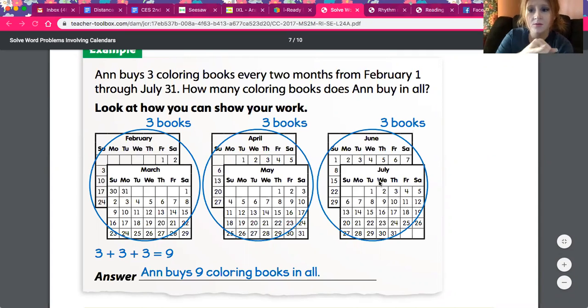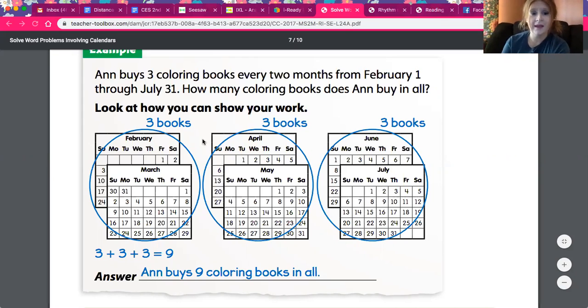Above each group they have written 3 books, 3 books, 3 books, for 3 books during each 2 months.